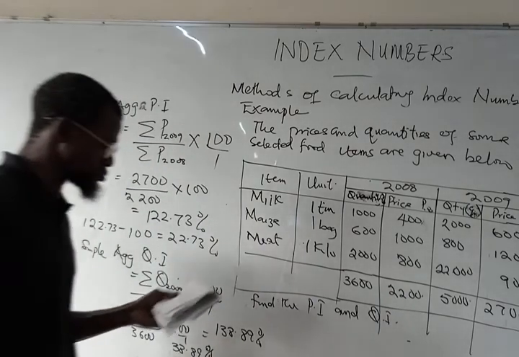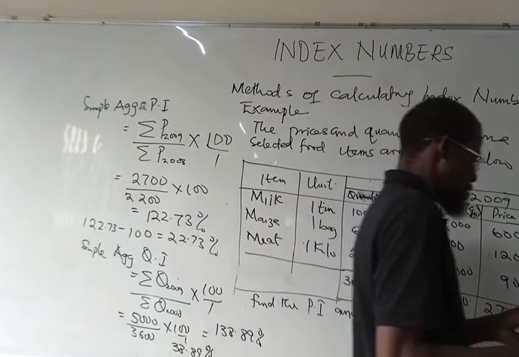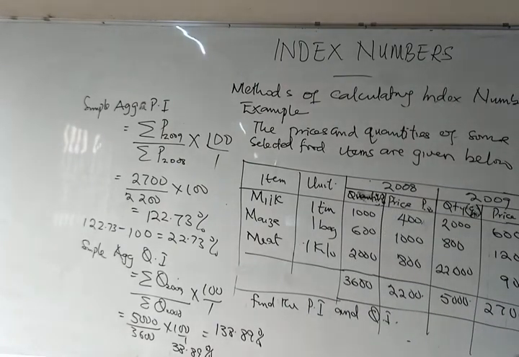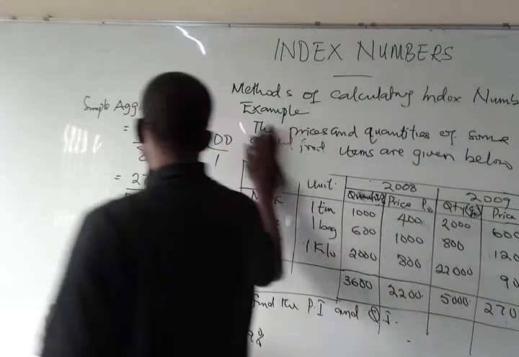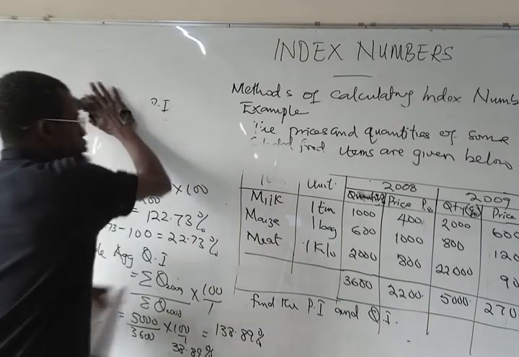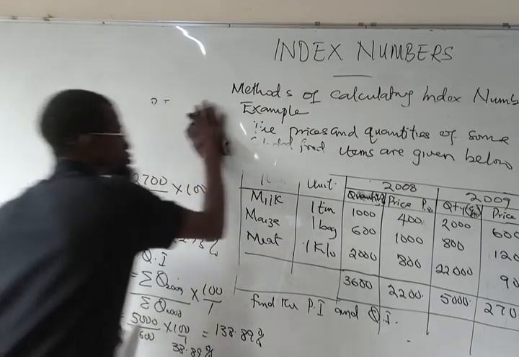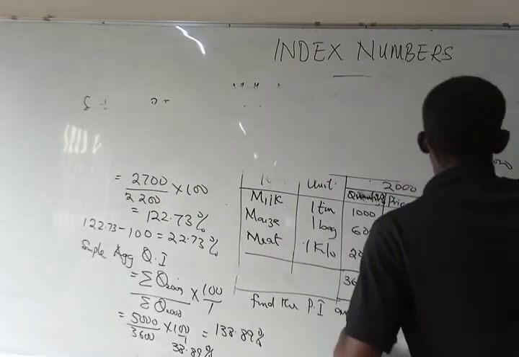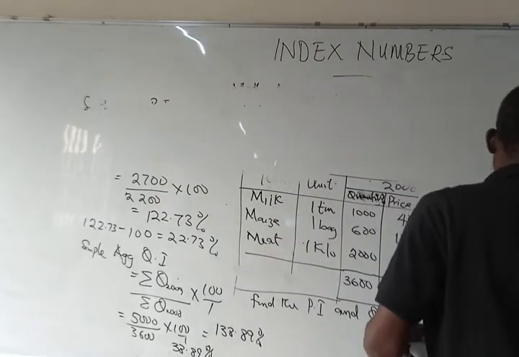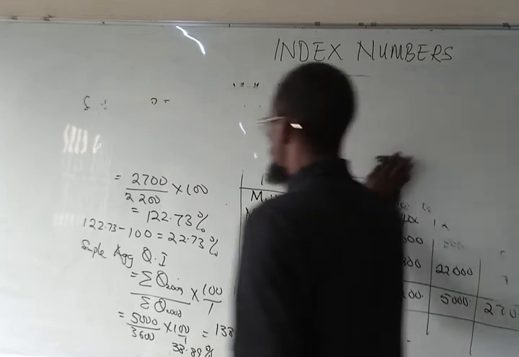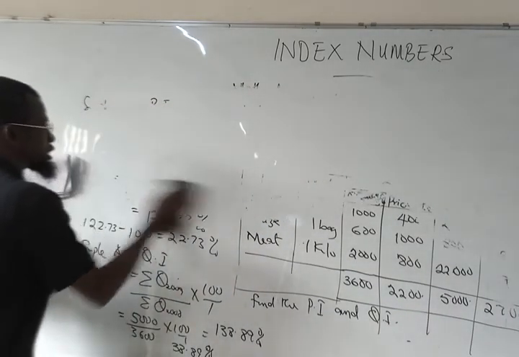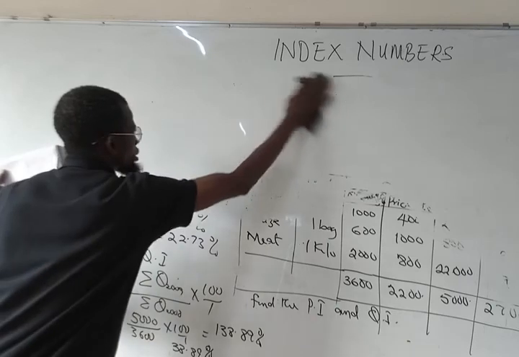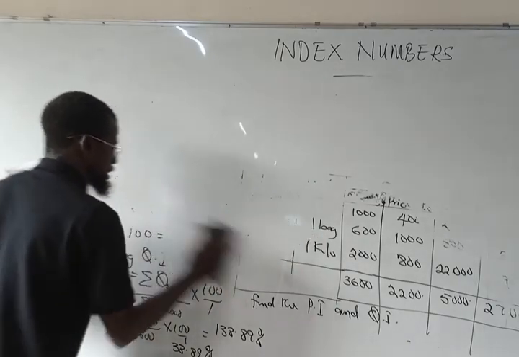So another method is called the weighted aggregate method. Remember, we are still dealing with methods of calculating index.